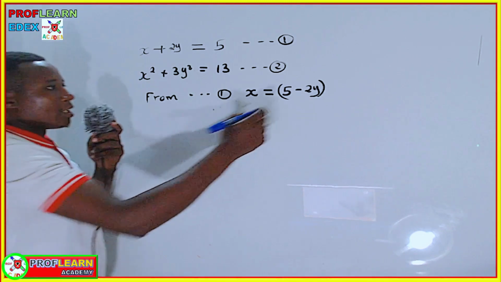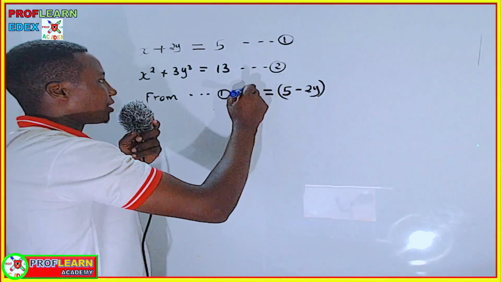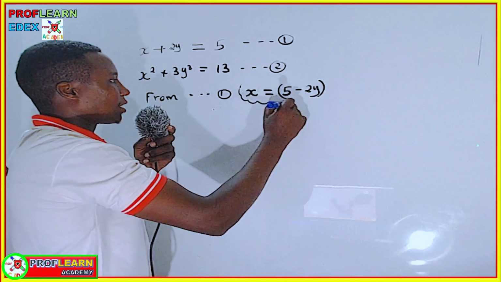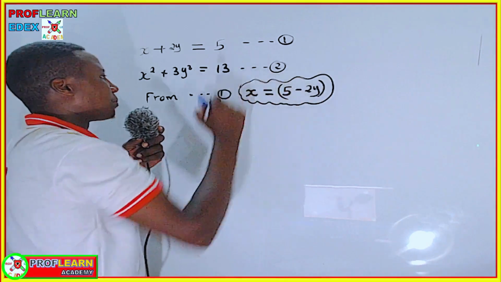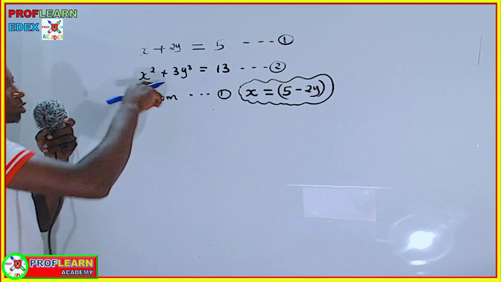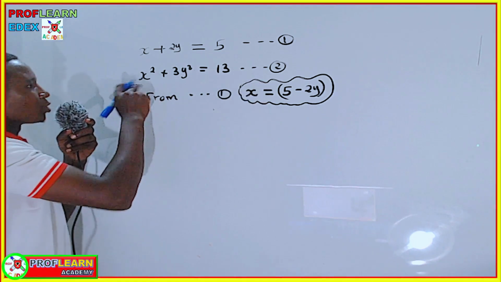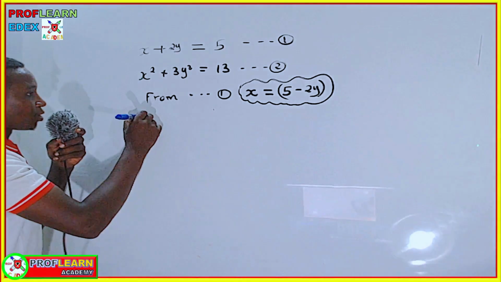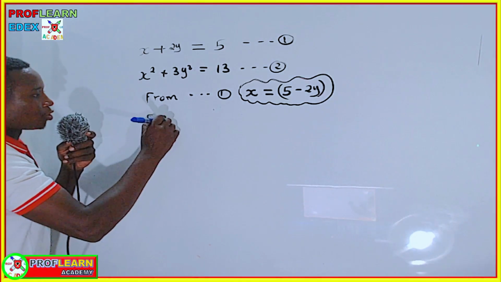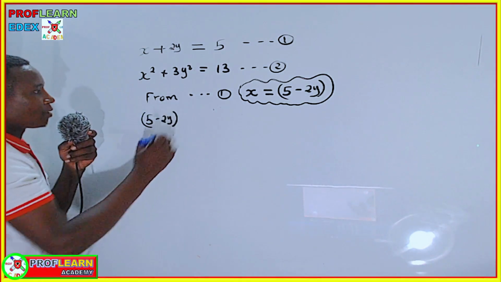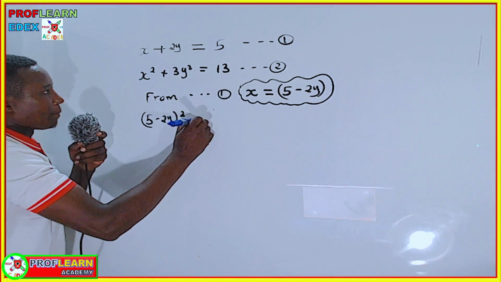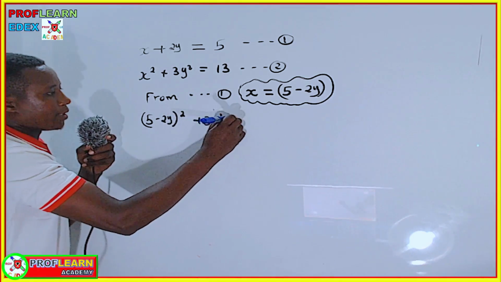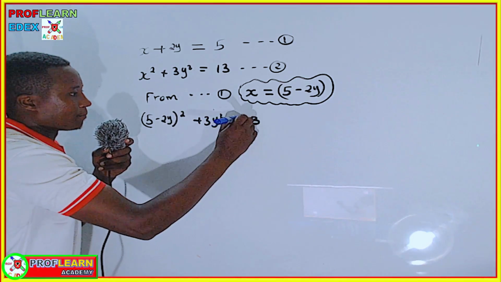So this expression we are going to substitute into equation 2. Anywhere you have x, you substitute 5 minus 2y. So this is going to be (5 minus 2y) squared plus 3y squared equals 13.